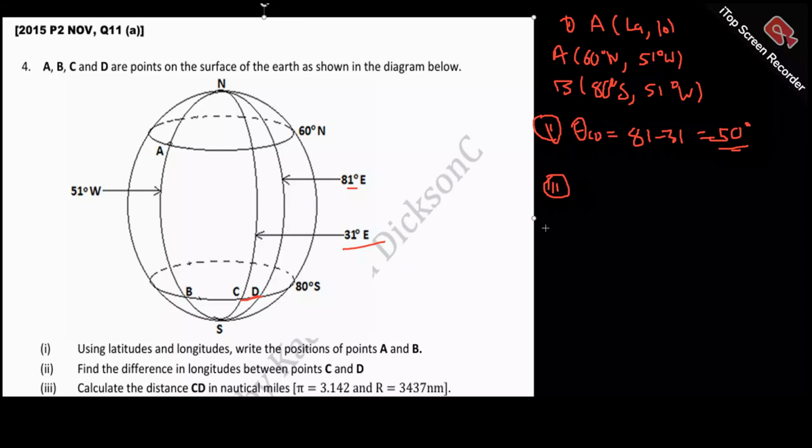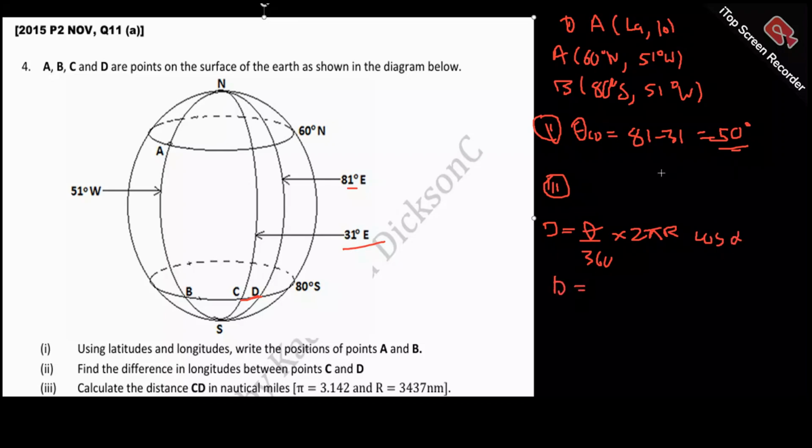The formula we're going to use is definitely going to have cos alpha because CD is in latitude. So we're going to say theta, the one that we have found here, 50, multiplied by 2 pi r. It's in latitudes, so definitely we should put cos alpha.